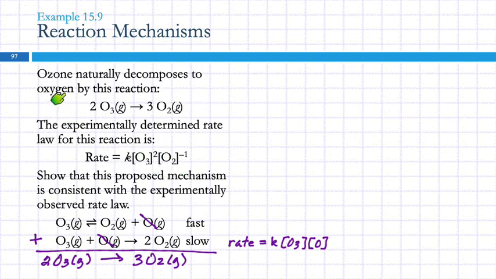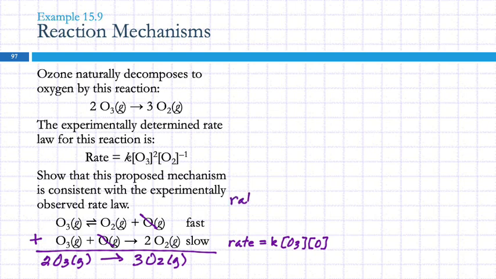The things in the rate law have to be present as reactants and products. So we're going to do what we did earlier. We're going to look at this first fast equation, and it forms an equilibrium. It's fair to assume that.